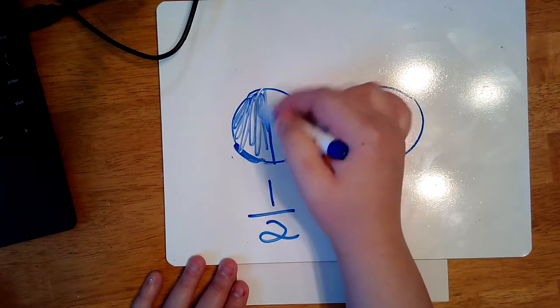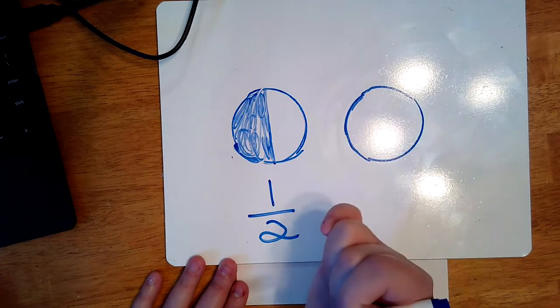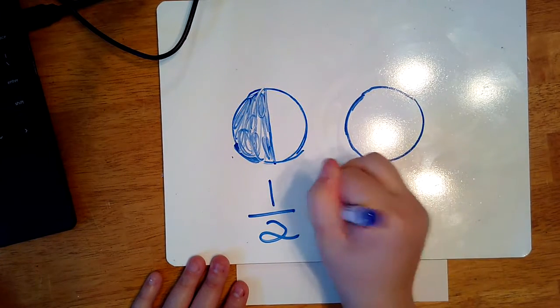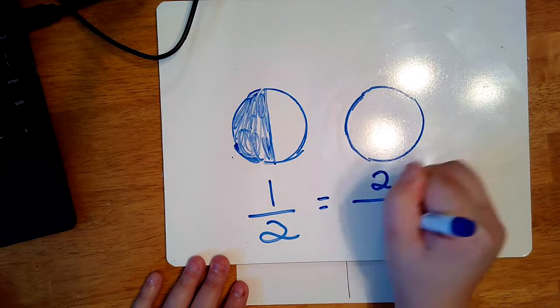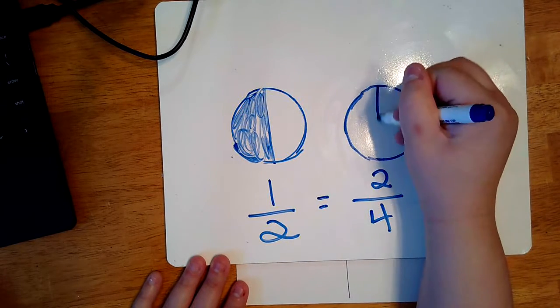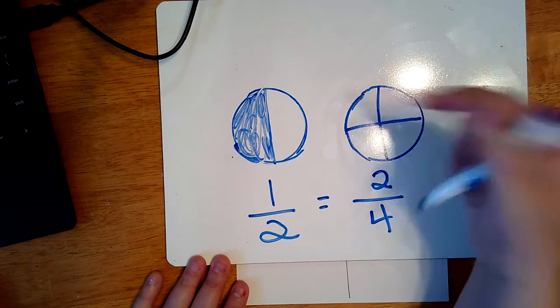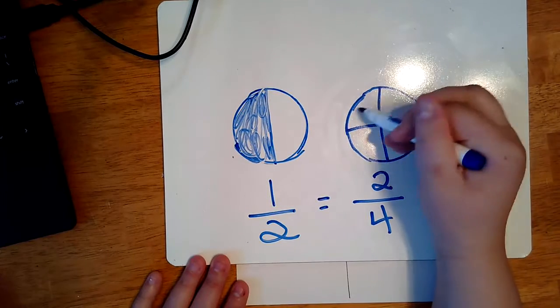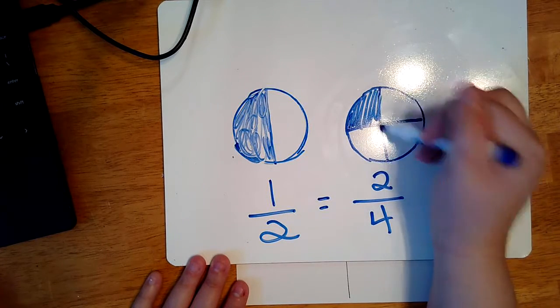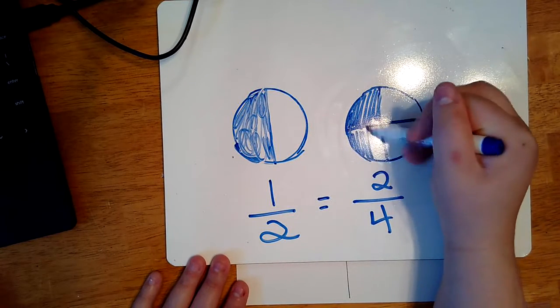Okay, so 1/2 of the circle shaded is equivalent to 2/4. So if this circle is divided into fourths, there's 4 parts, 1, 2, 3, 4, and I'm going to color 2 of them. So there's 1 and 2.